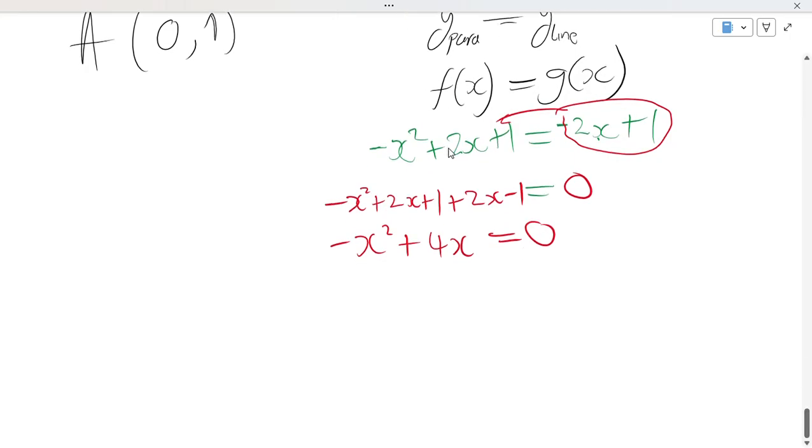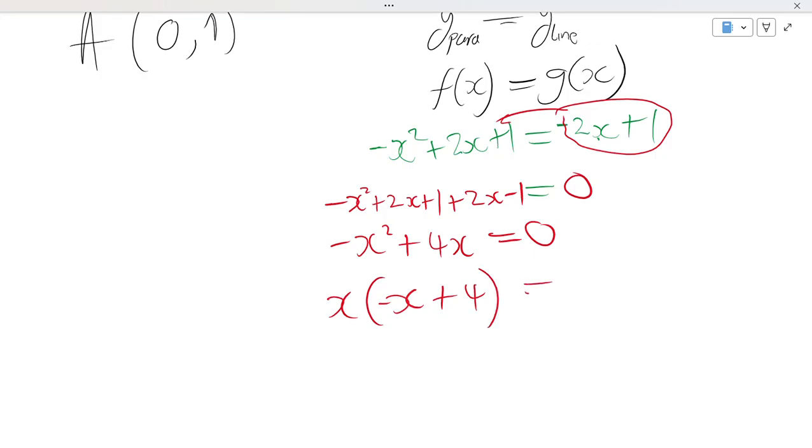How do you want to solve? You can use the quadratic formula. It's fine, because we're used to using the quadratic formula, but there's an easier way. You could just factor out x, and then you'll be left with negative x plus 4.